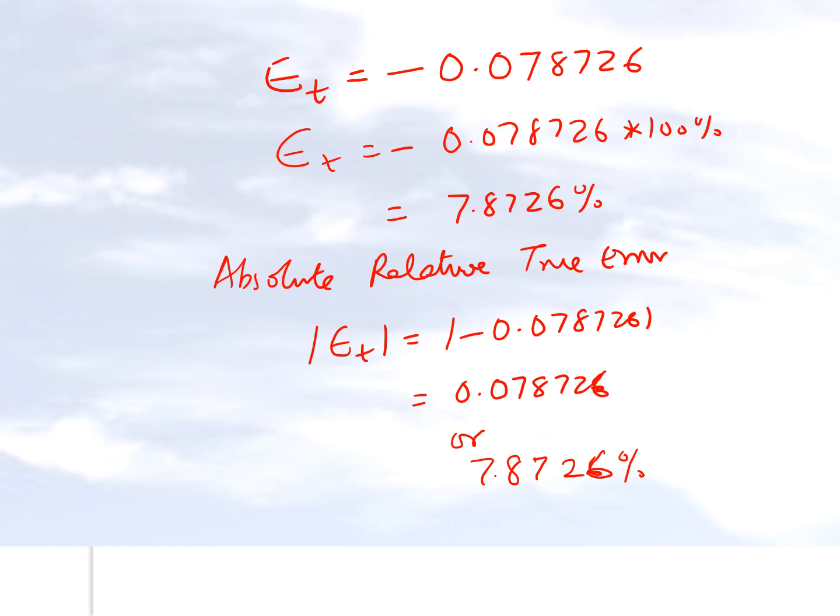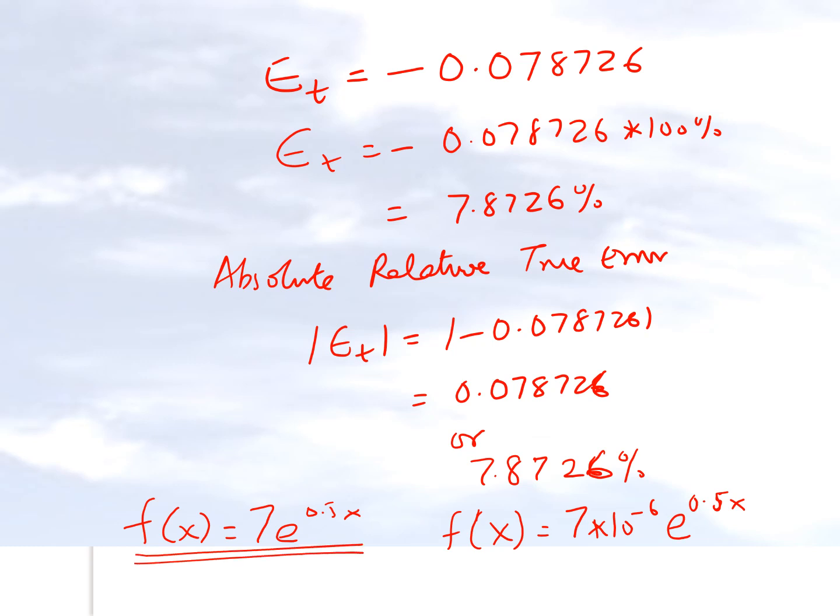Now, going back to the example which we were taking, we said, hey, the function given in the example was 7e to the power 0.5x. Now, instead, if the function was given as 7 times 10 to the power minus 6 e to the power 0.5x for the same example, what's going to happen is the true errors which you will get for this problem and for this function for the same problem, they'll be different.